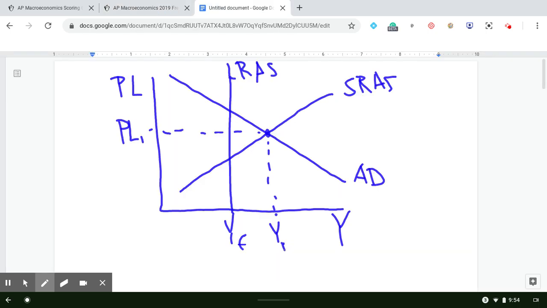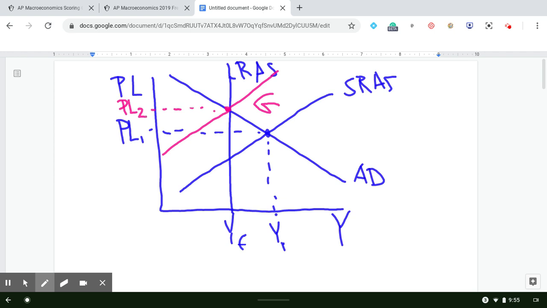So the short run aggregate supply curve will shift to the left, like so. And the reason it will is because nominal wages will rise. Nominal wages will rise. That's a good enough explanation for the test. It really is. A little more context and theory behind that: think about it.